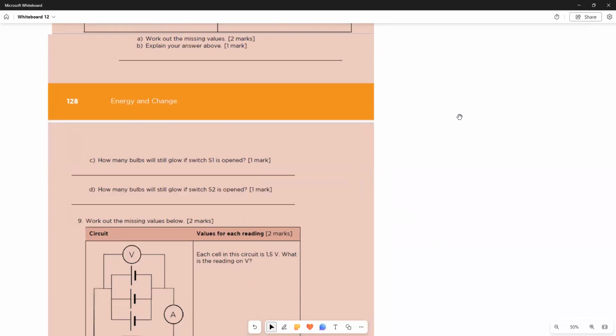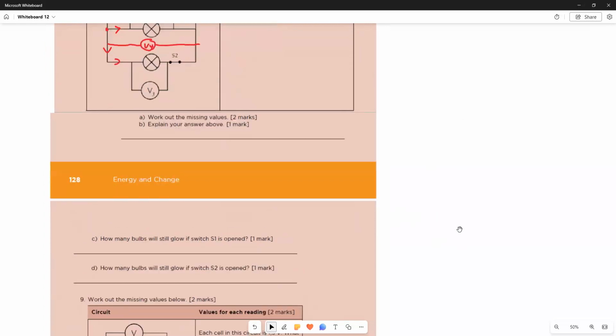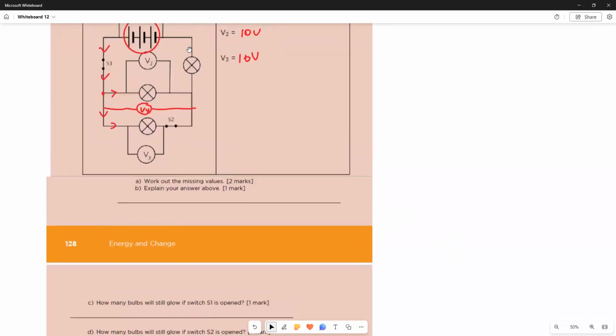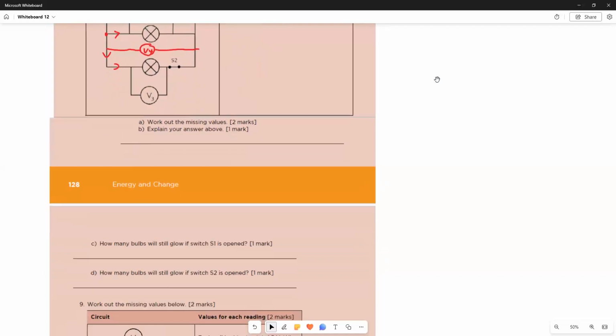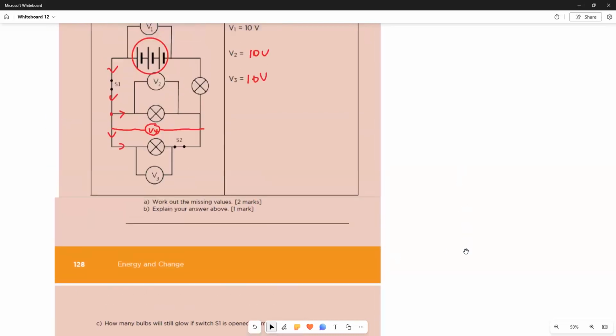Now they say, how many bulbs will still glow if S1 is open? Let's check S1. S1 is here, right? So if S1 is opened, we can see that, okay, the power moves from here to there. So which means if this is open, the power will not be able to pass here, which means all the bulbs are going to go out. So none of the bulbs is going to glow if S1 is open, right? But now let's see if S2 is opened.